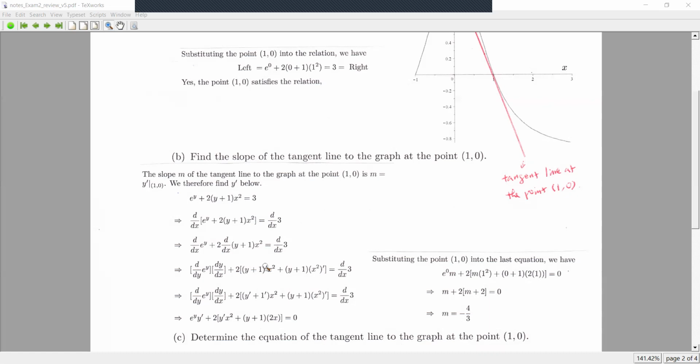Y plus 1 derivative by summation rule is y derivative plus 1 derivative.